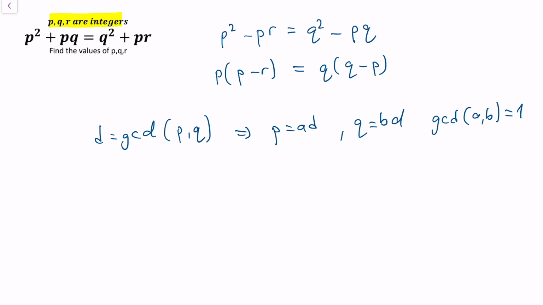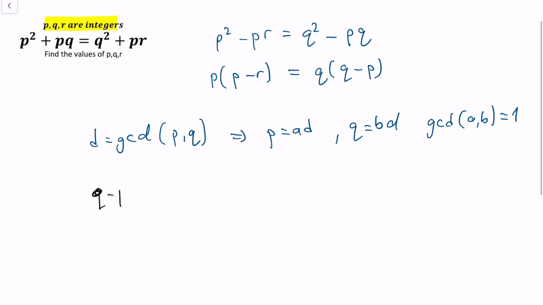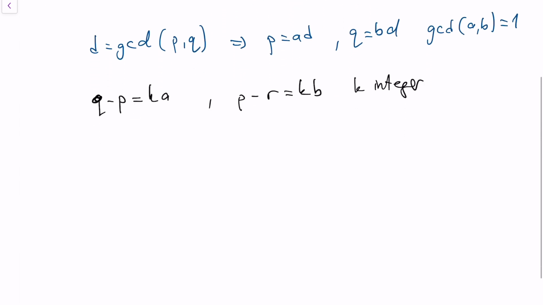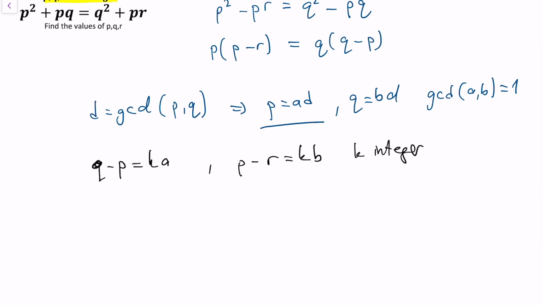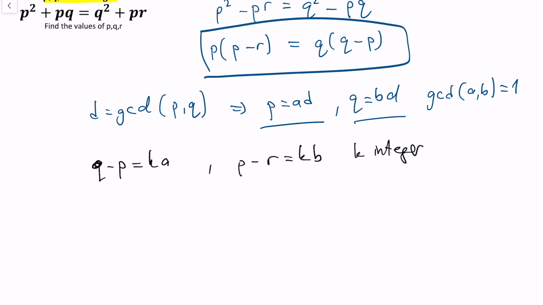And from this information, we can deduce that q minus p must equal Ka and p minus r is equal to Kb, where K is some integer, right? If it's not clear how we can establish this result, simply, we've defined p to be that and q to be that. So if you plug that into the first equation, we have Ad(p minus r) is equal to Bd(q minus p).